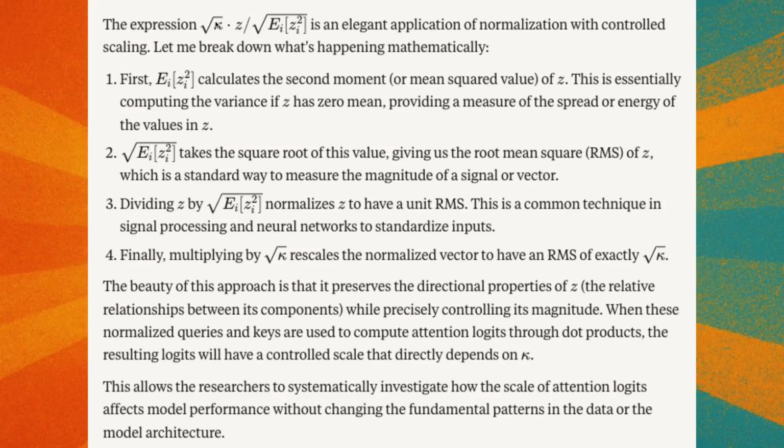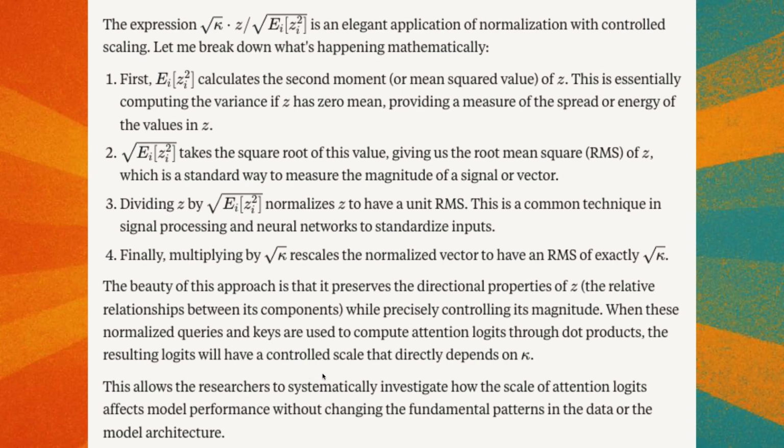So this g of z formula that they have is an elegant application of normalization with controlled scaling. Dividing z by the RMS of z normalizes it to having a unit RMS, and then multiplying by square root of kappa rescales the normalized vector to have an RMS of exactly square root of kappa. The beauty of this approach is that it preserves the directional properties of z while precisely controlling its magnitude.